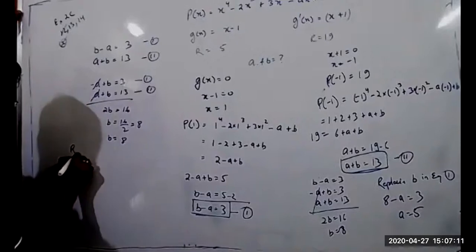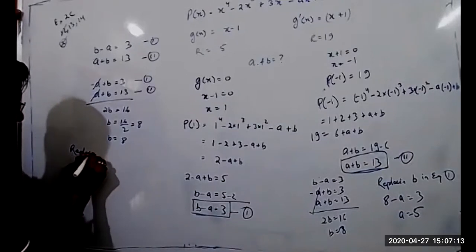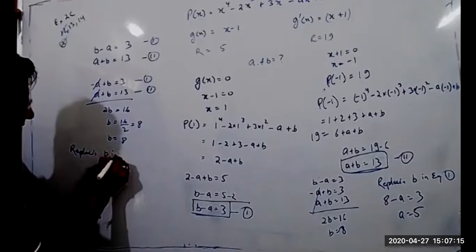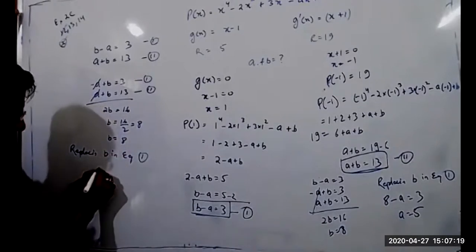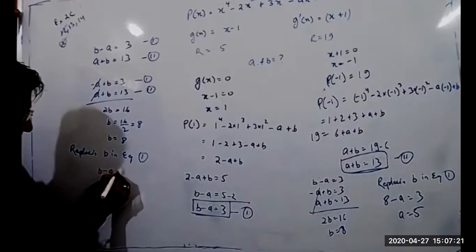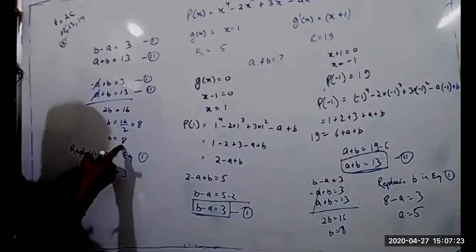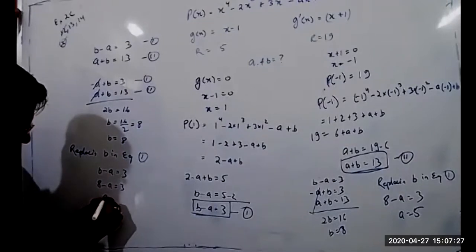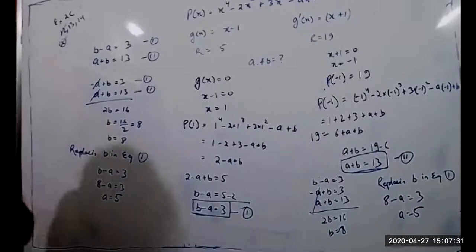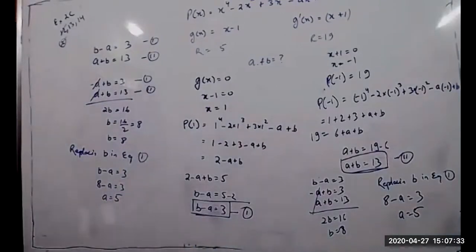Now replacing b in equation 1. So equation 1 is what? b minus a is equal to 3. We have got the value of b, 8. 8 minus a is equal to 3. So a is equal to what? 5. Okay, sir. Thank you, sir. Anyone? Any doubt?